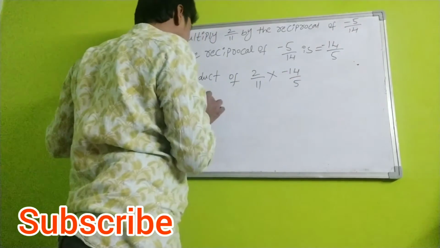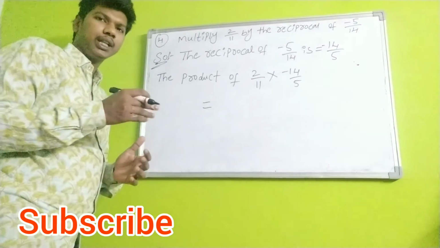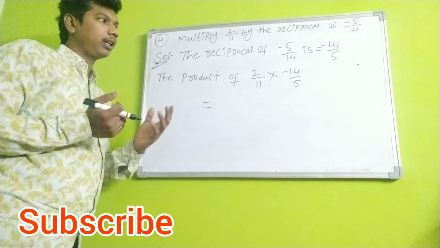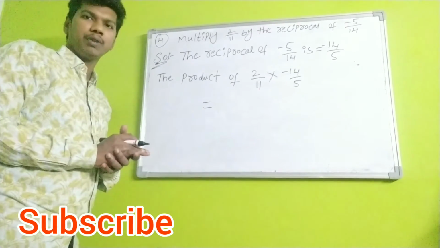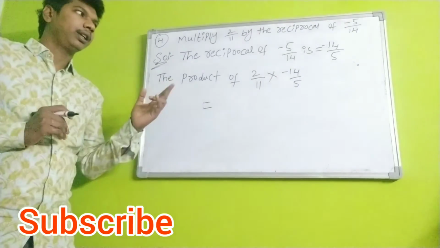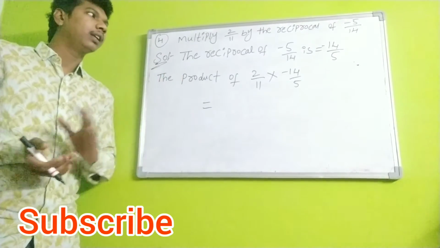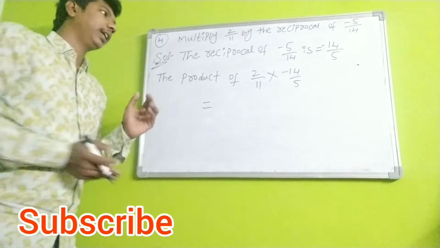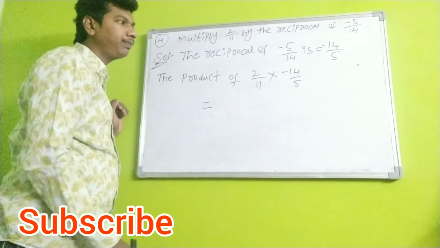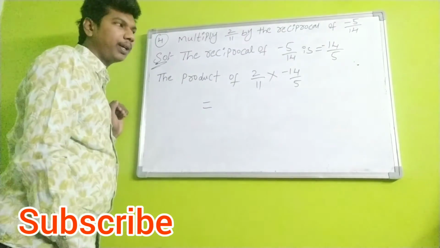Now multiply. What is the answer? Into symbol. Whenever you get a multiplication symbol in fractions, what do you have to do? Simple, students, remember this point, it is very, very important. In fractions, whenever you get multiplication, just multiply numerators separately and denominators separately. Example, in the first fraction the numerator is 2 and in the second fraction the numerator is minus 14.